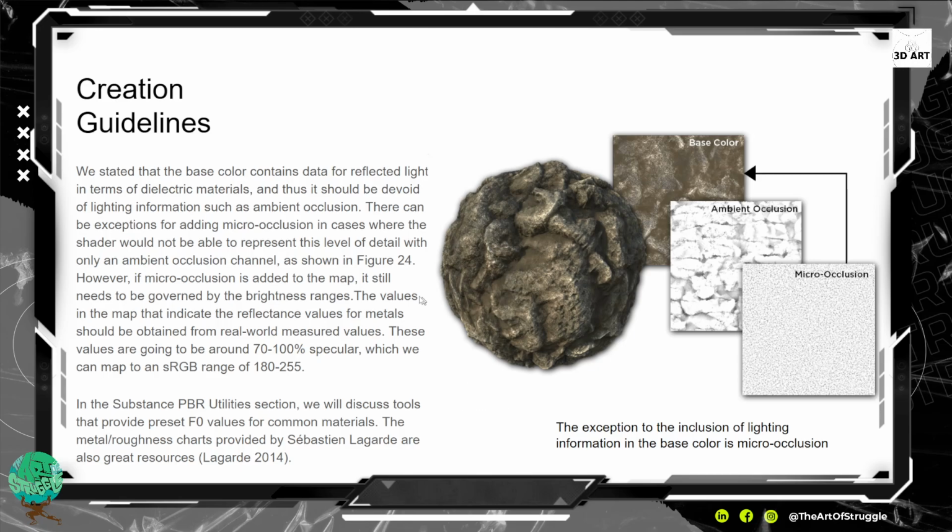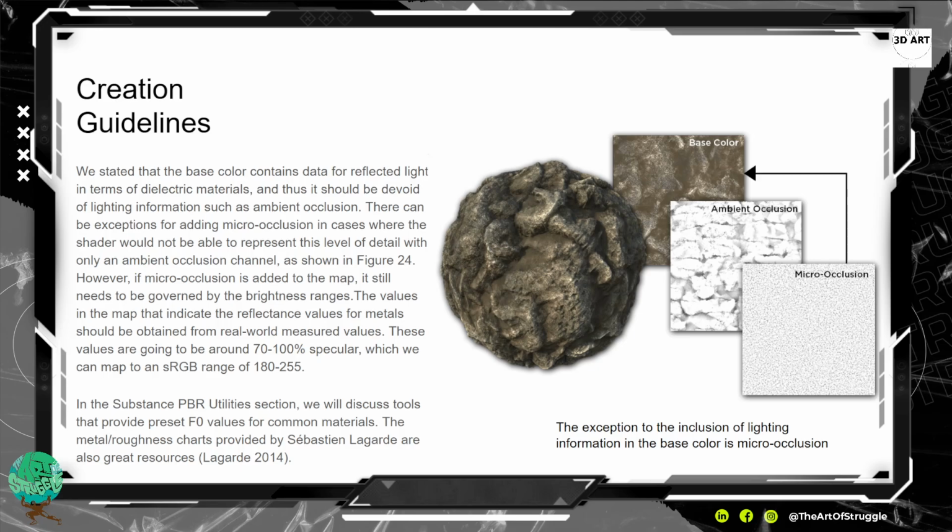to it. All right. So there can be exceptions for adding micro occlusion in cases where the shader would not be able to represent this level of detail with only an ambient occlusion channel. However, if micro occlusion is added to the map, it still needs to be governed by the brightness ranges. The values in the map that indicate the reflectance values for metals should be obtained from real-world values.